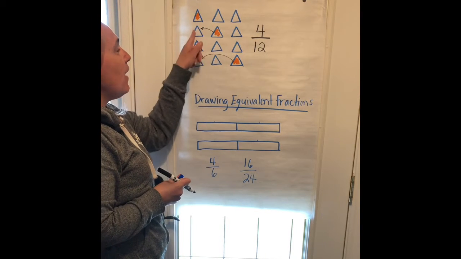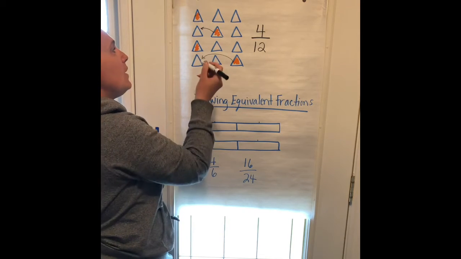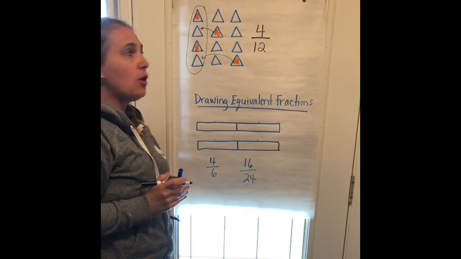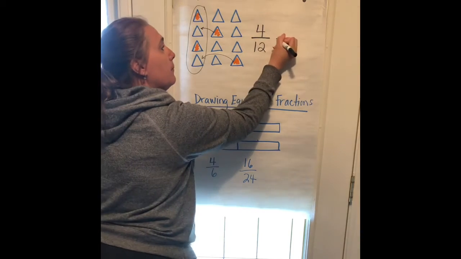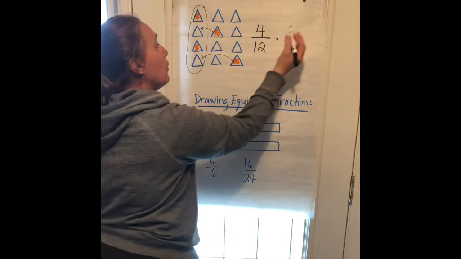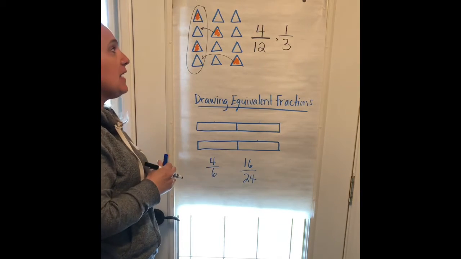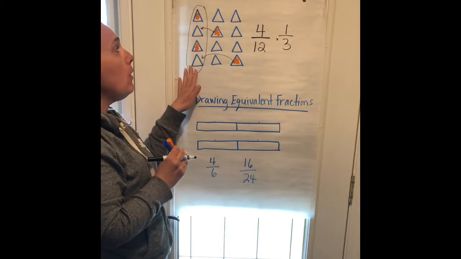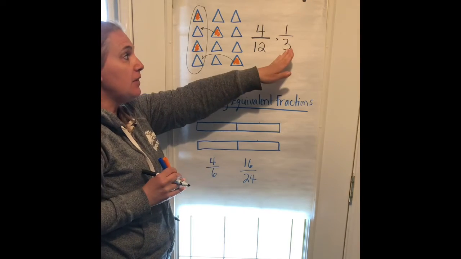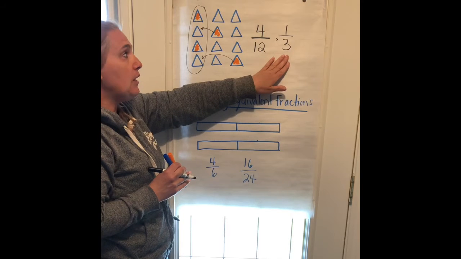So in this case, if I move my orange triangles all to one column, we can see that all 4 triangles would be in one column, which visually you can see that 1/3 of the picture is shaded in because one whole column out of the 3 columns are shaded in. Therefore, 4/12 is equivalent to 1/3.